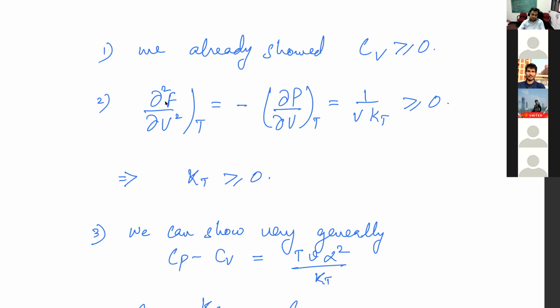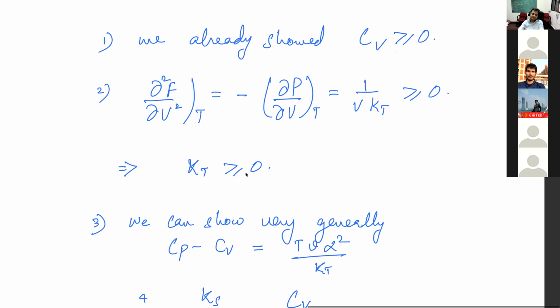But ∂F/∂V was nothing but the pressure with a minus sign. So this just becomes ∂P/∂V at constant temperature, and this was nothing but 1 by V kappa T, the compressibility of one mole of the gas. That implies that the compressibility also has to be greater than 0.